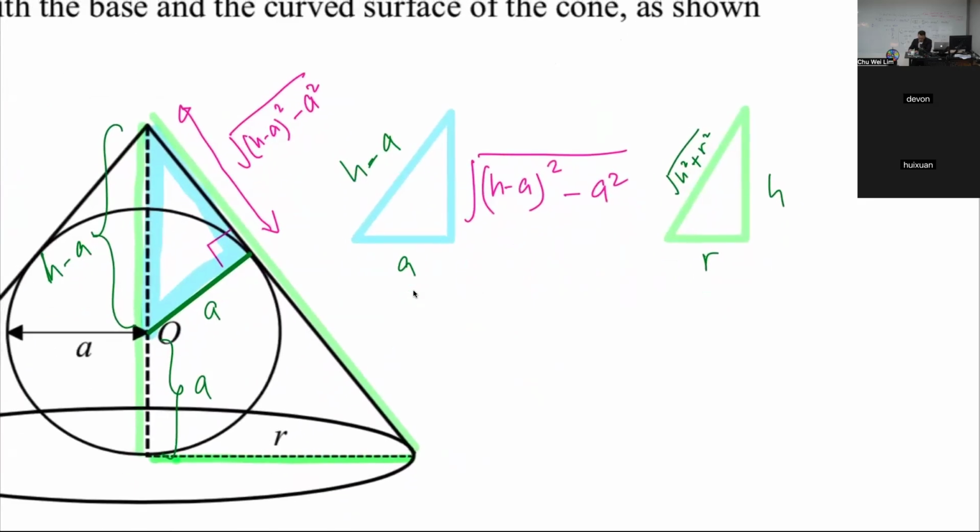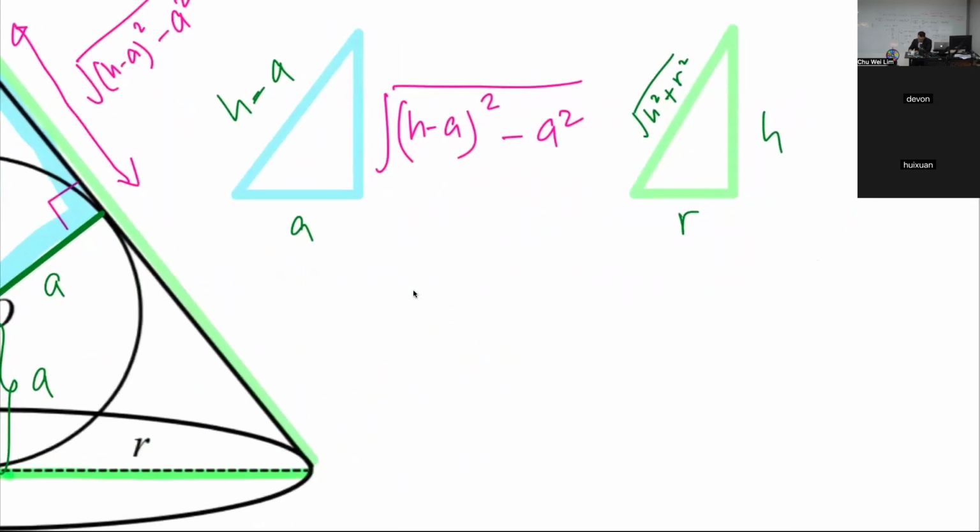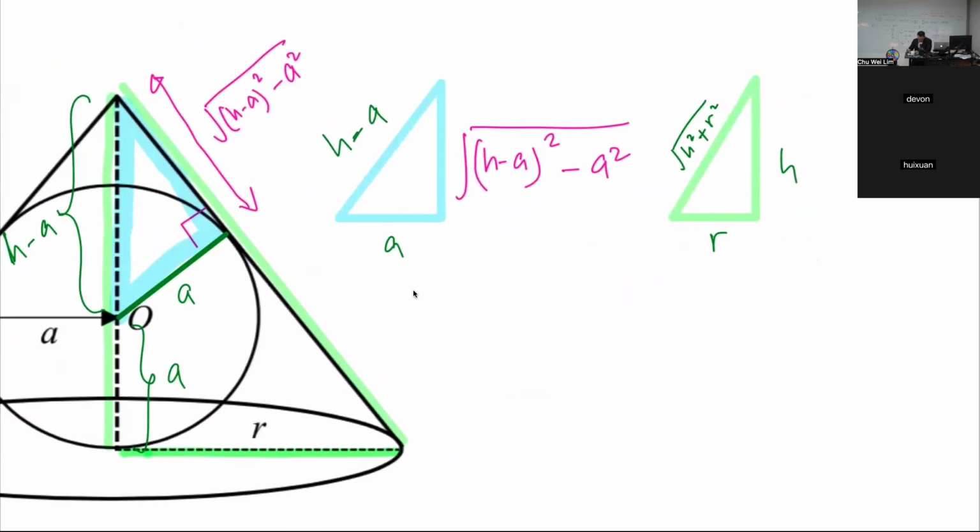Okay, now we can do, right. We can compare. So we have h over r is equals to square root h square minus 2ah over a, right?